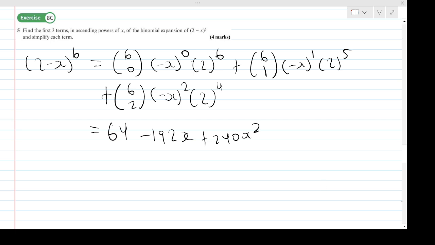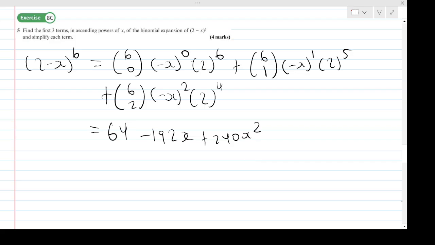Okay. And also a reminder, it's ascending powers of x, that's what we've done here. So the x powers go up, okay? Usually it'll be like that pretty much every single time. I've never seen a question with descending powers of x. It will always be in that way, so don't worry about the question wording it like that.